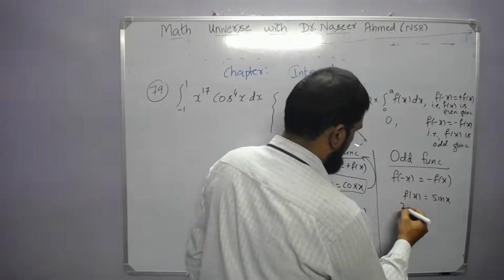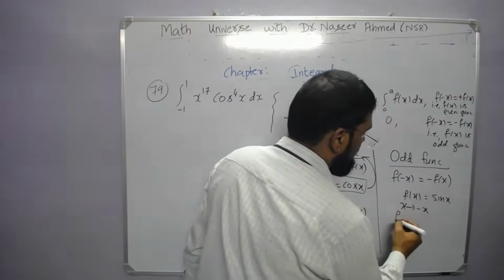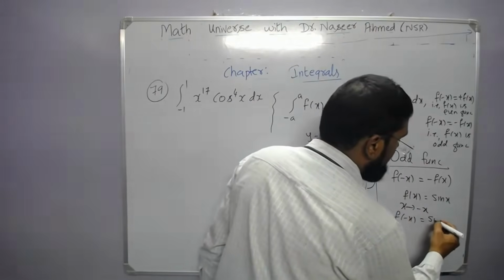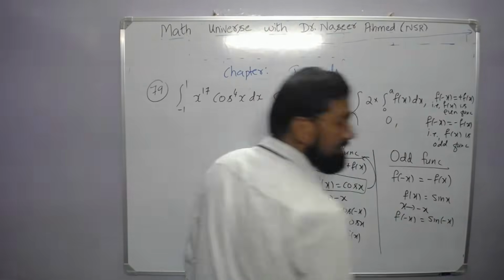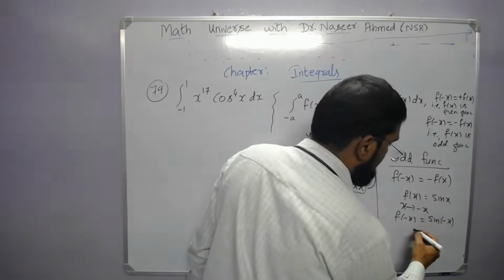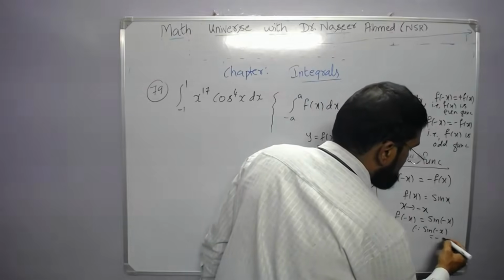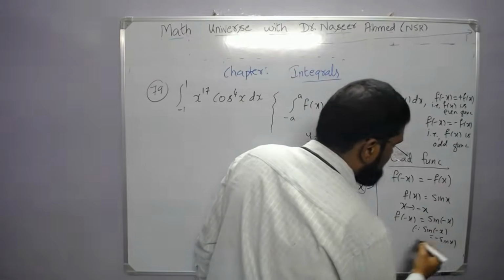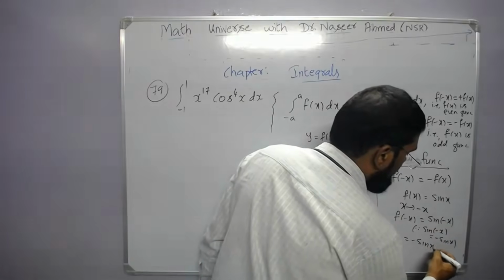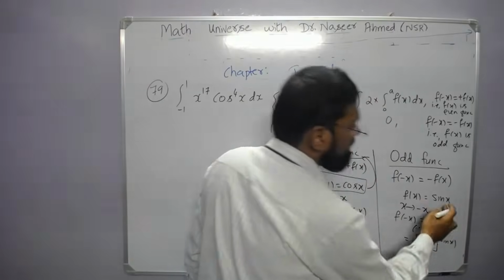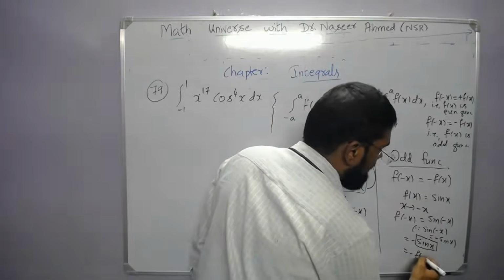If I replace x by minus x, f of minus x is sin of minus x. What is sin of minus x? It is minus sin x. So minus will come out, and this thing is nothing but f of x. So minus of f of x.